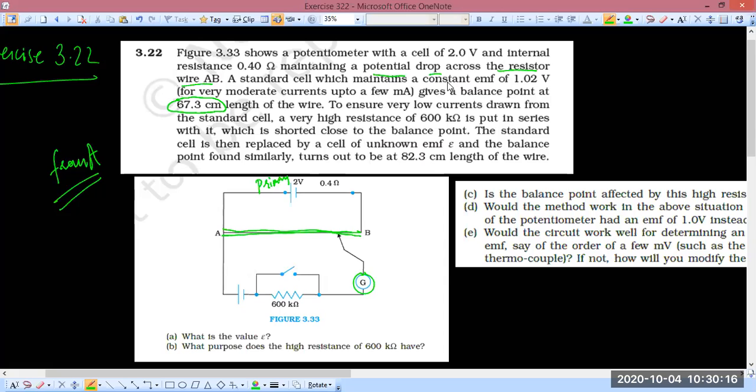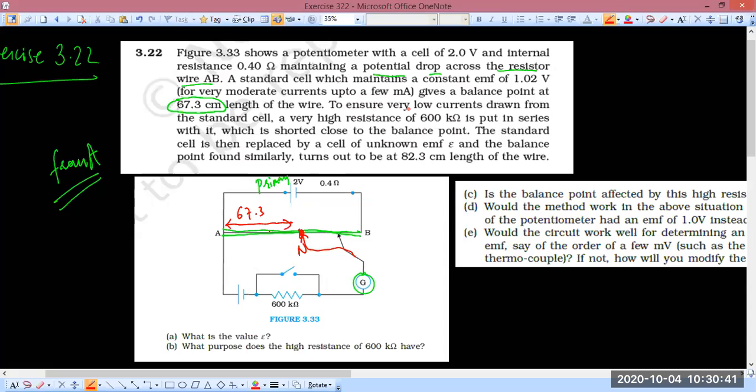Okay, all right, so this is from A side. So where is the null point? Maybe here, right, at 67.3 from this side. Okay, the null point comes here. So when the jockey is placed here, there is no current in the galvanometer.